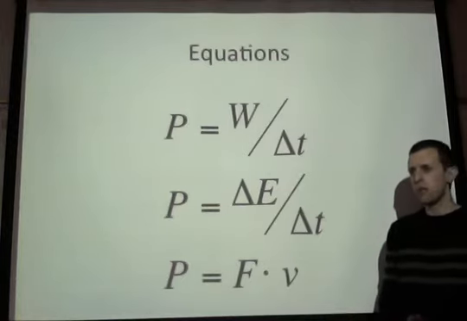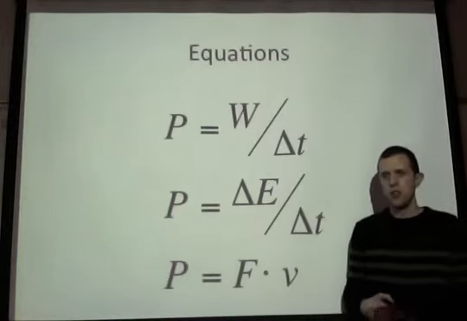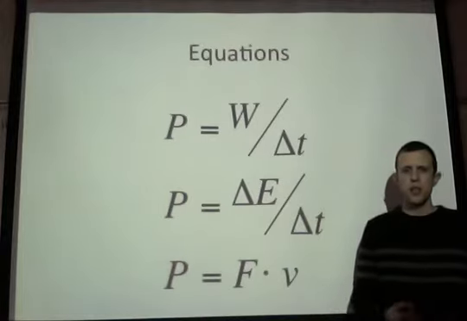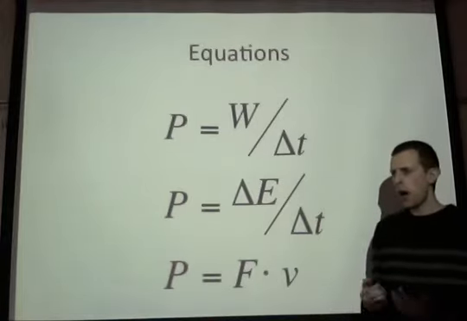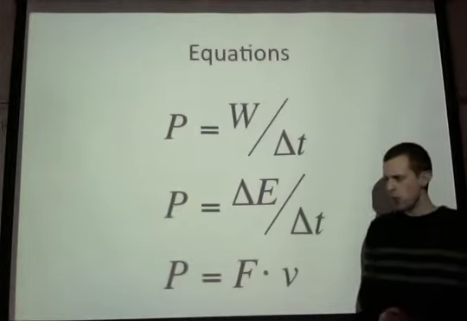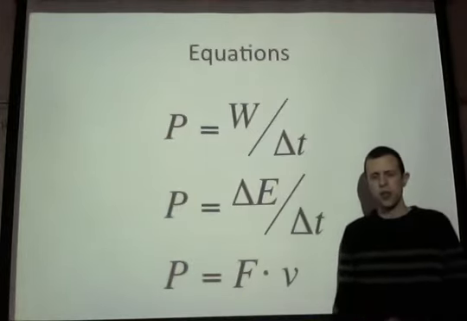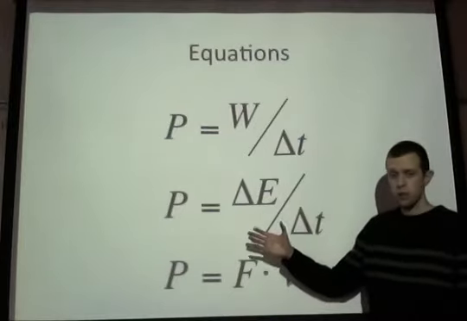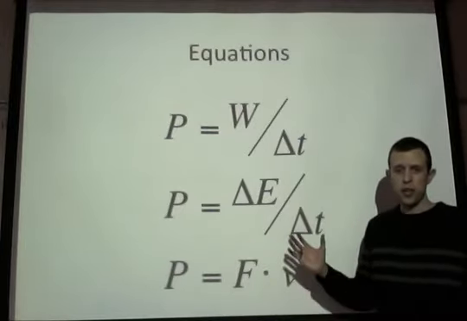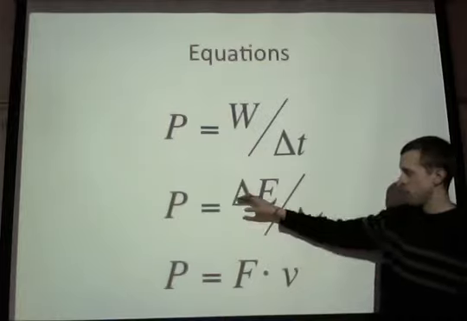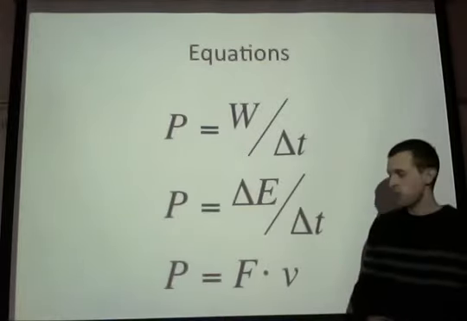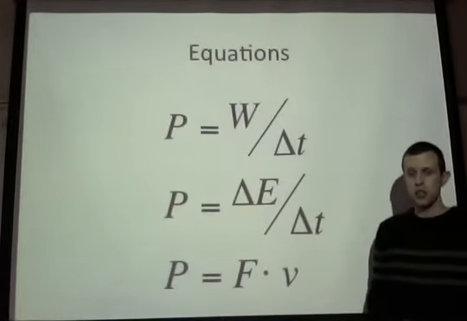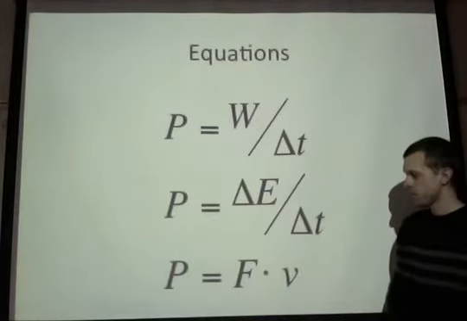For example, you might be given a problem where a car is accelerating from one speed to another, and the question would be about how much power the engine was using to accelerate the car. Well, we'd just be converting between the kinetic energy we had initially and the kinetic energy we have in our final state. That tells us how much our energy has changed, divided by the amount of time it takes to make that change, would give us our power.